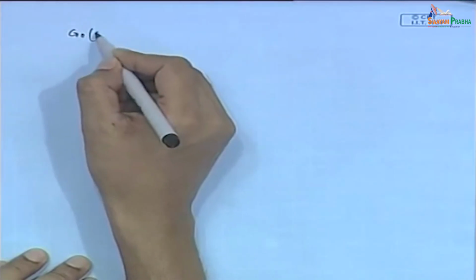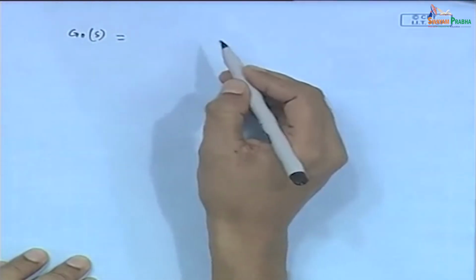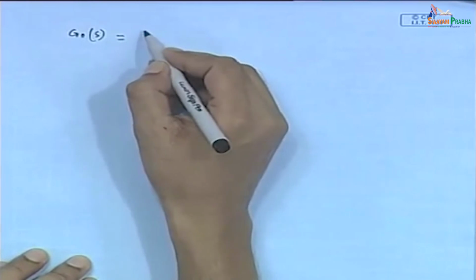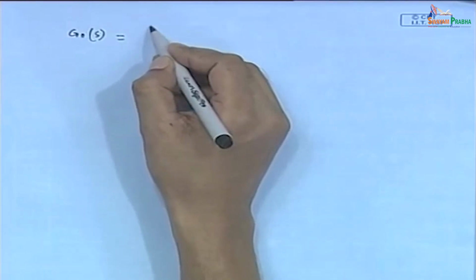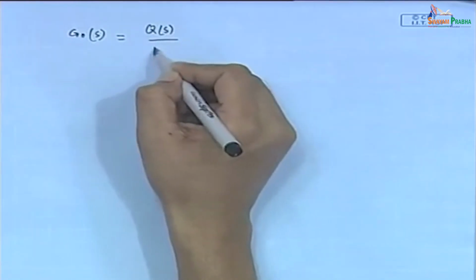And that is like G naught s equals Q(s) divided by P(s). If we represent the transfer function by this form, it is easy to analyze. Now, if there is a dead time, then how we can represent the overall transfer function by the ratio of two polynomials, that we will discuss next.